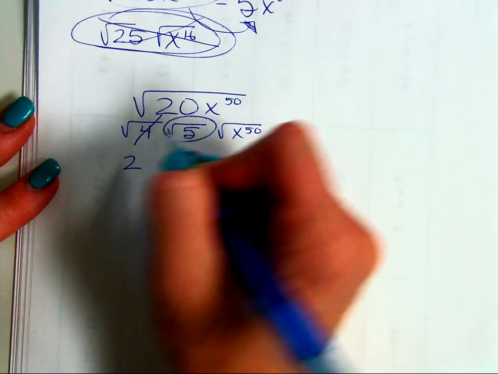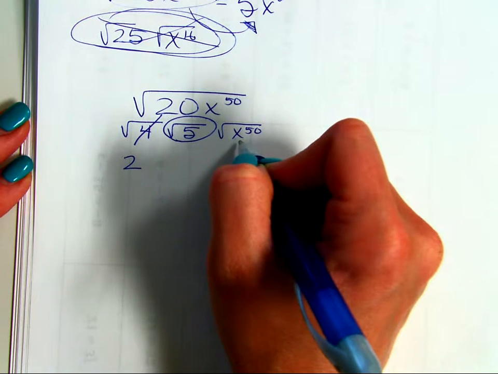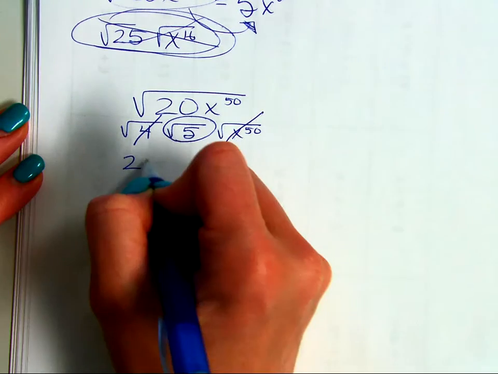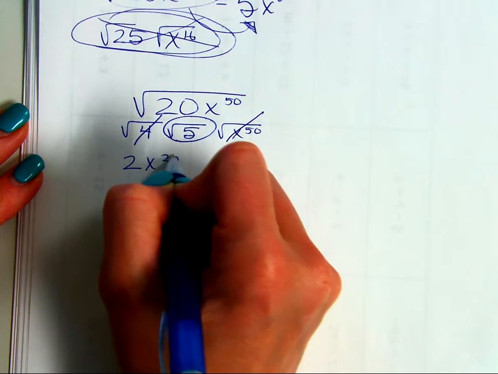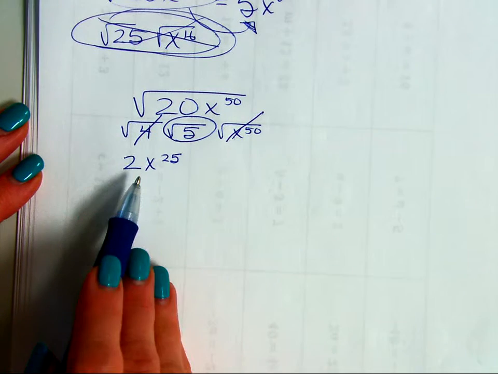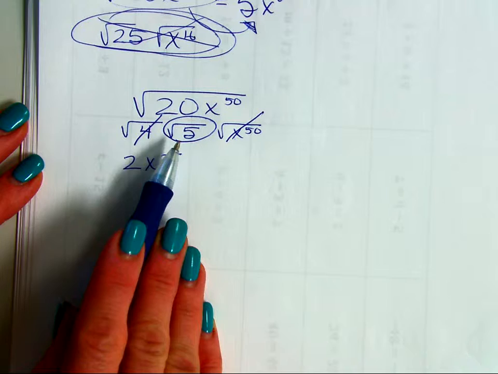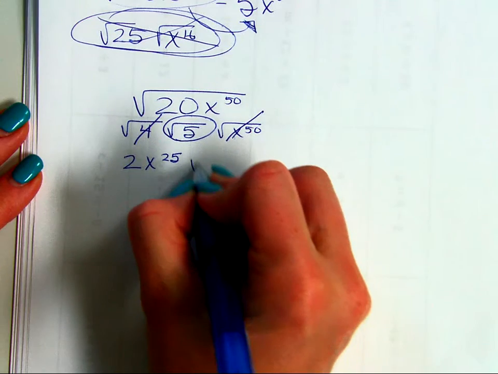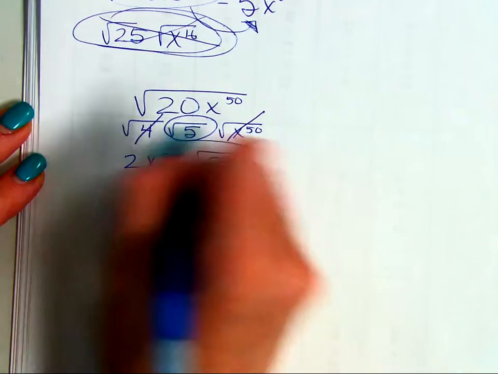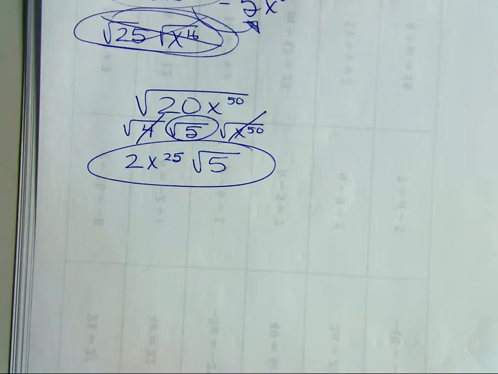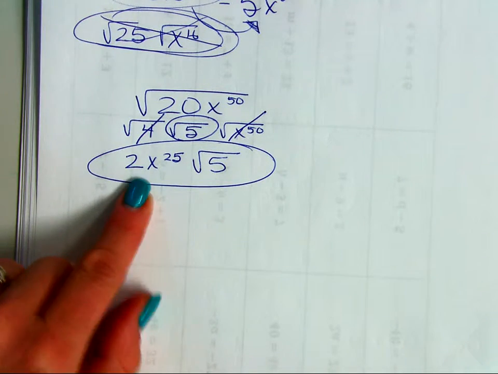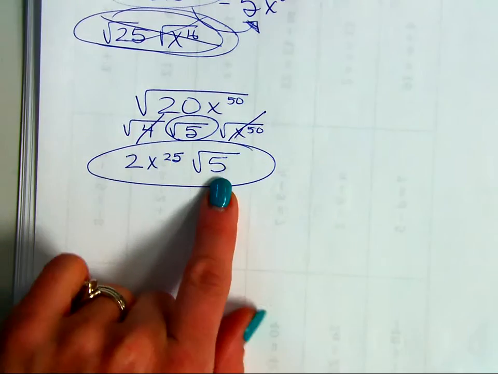Is this a perfect square? Yes. Pull it out. This is x to the 25th. So I took this 2 and this x to the 25th, and the radicals always go at the end. So your answer for that is that. Some will get taken out if they're perfect squares. Some won't if they're not.